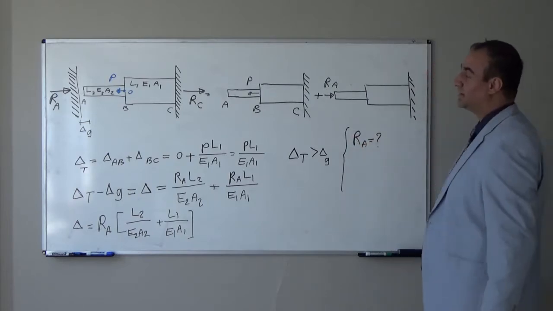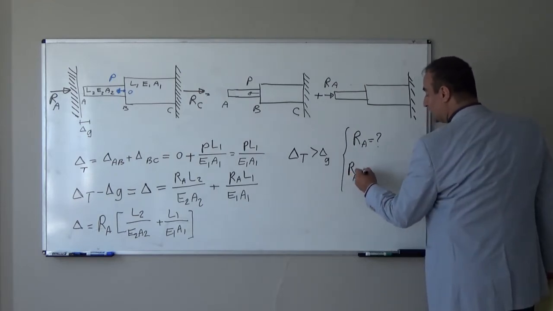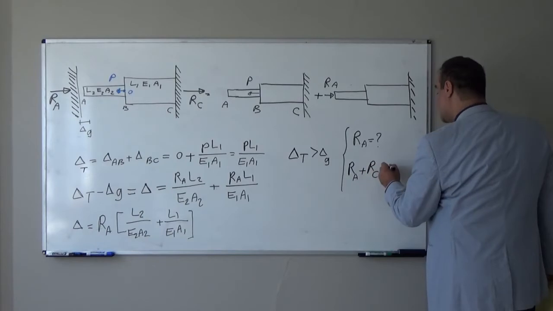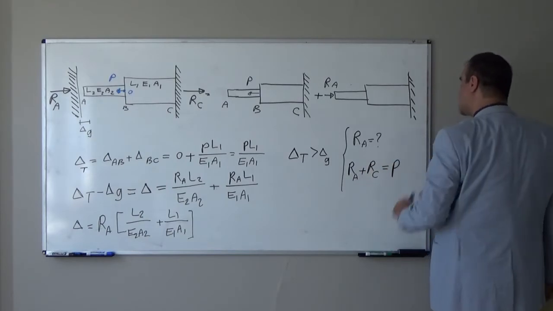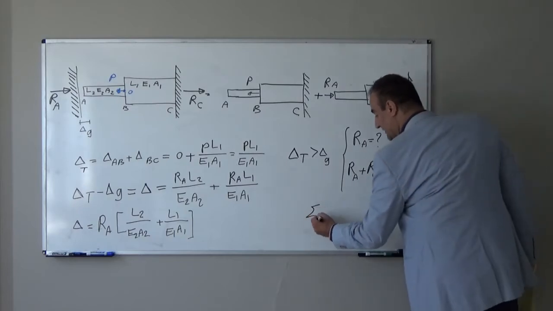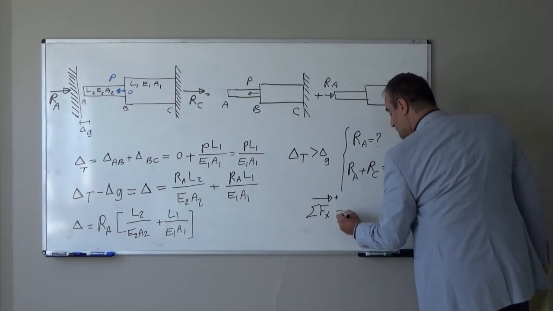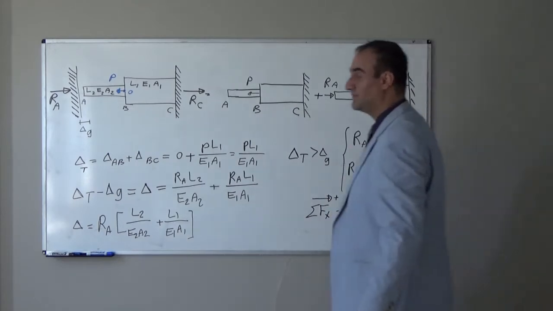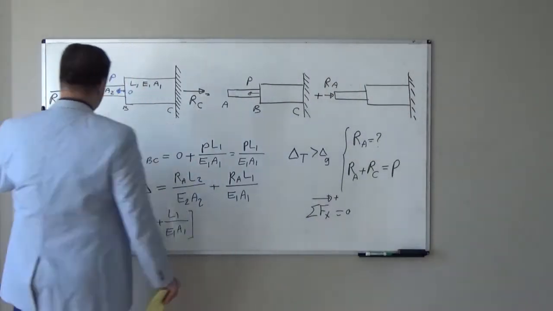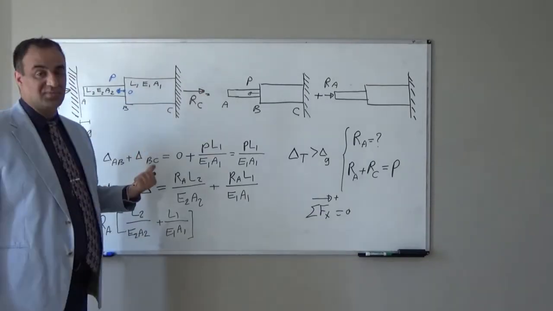If we find RA, we know RA plus RC should be equal to the external load P. This comes from the equilibrium equation: summation of forces in the horizontal direction should be equal to 0. So RA plus RC minus P should be equal to 0.